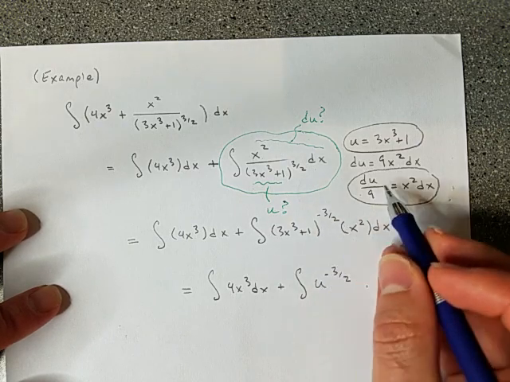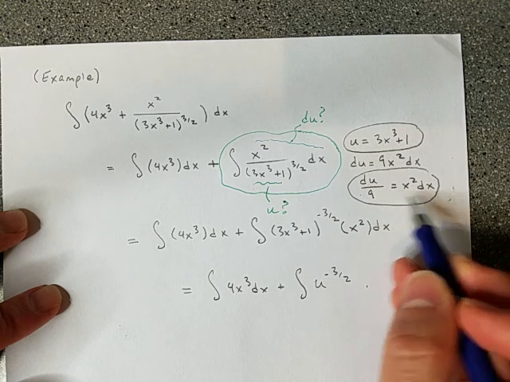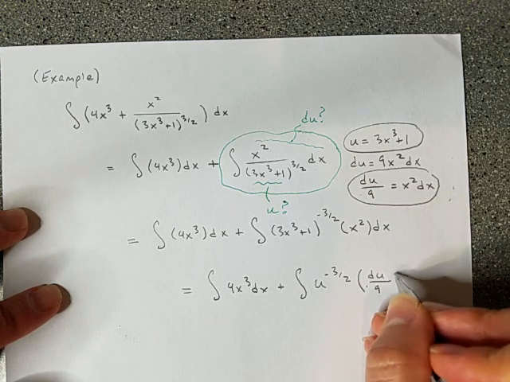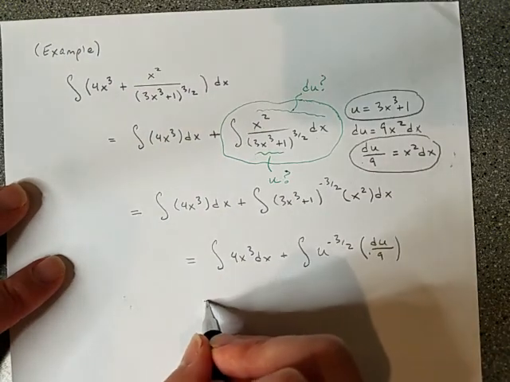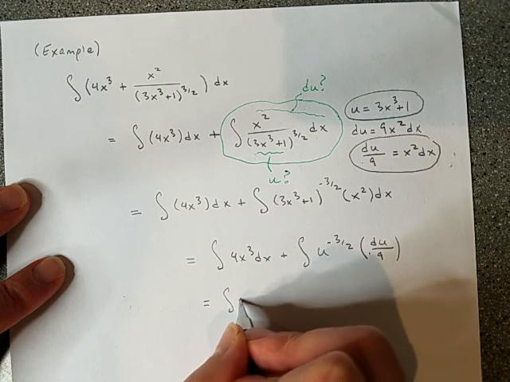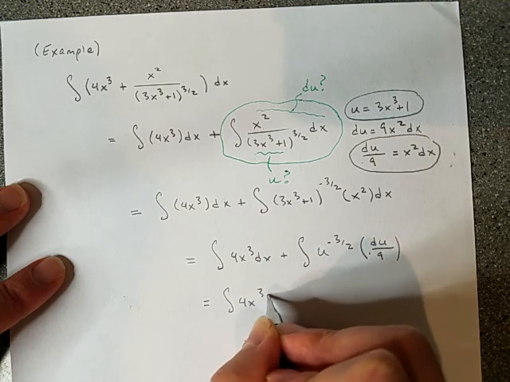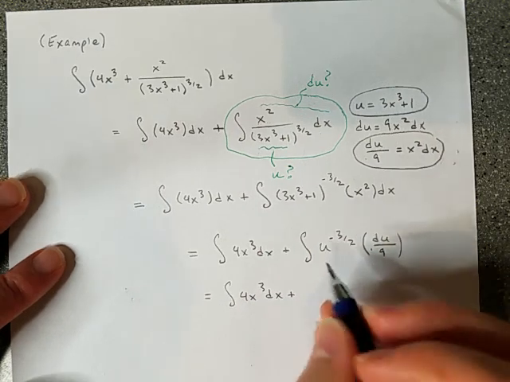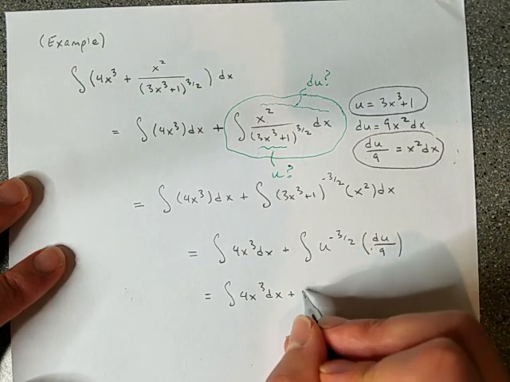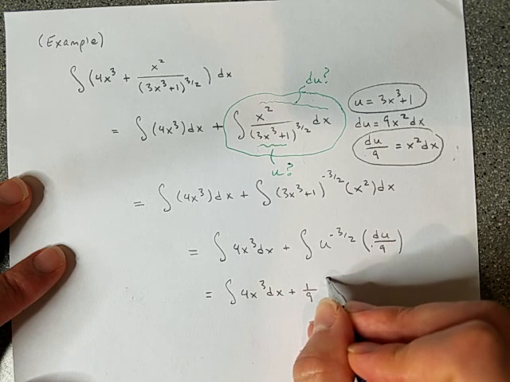And then that x squared dx is du over 9. Okay, let's see. One more step. I'll carry this, worry about it in a minute. I'll take out that 1 over 9. That 9 right there is a 1 over 9, which I'll remove this way.